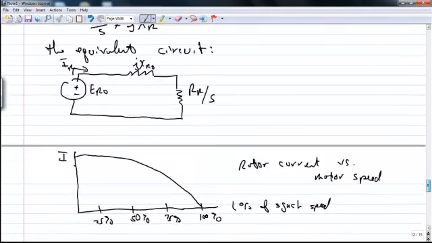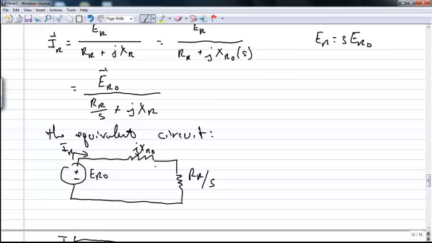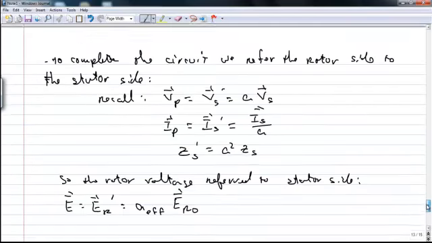So we're using these values and referring them over to the stator side. So that's why it's E_R0.